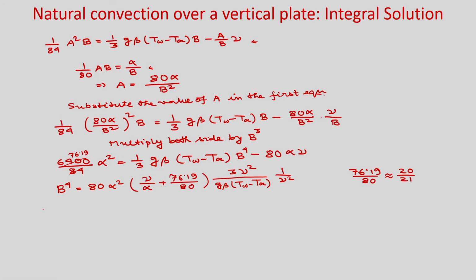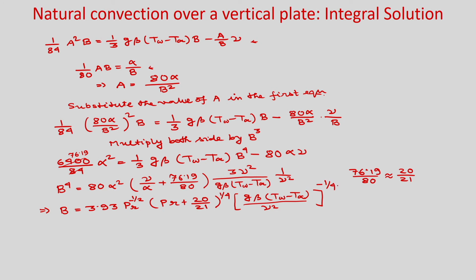So, you can write the value of b now as 3.93 Prandtl number to the power half, Prandtl number plus 20 by 21 to the power 1 by 4, g beta (T w minus T infinity) divided by nu square to the power minus 1 by 4.